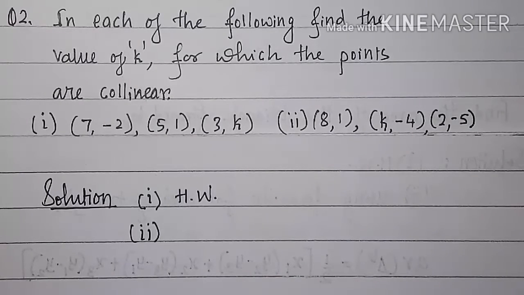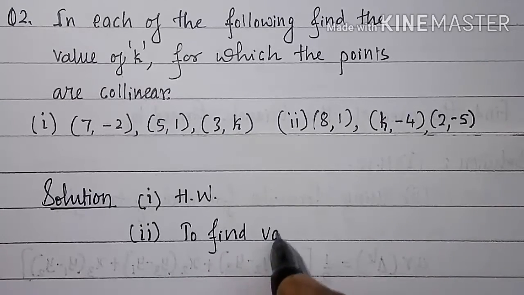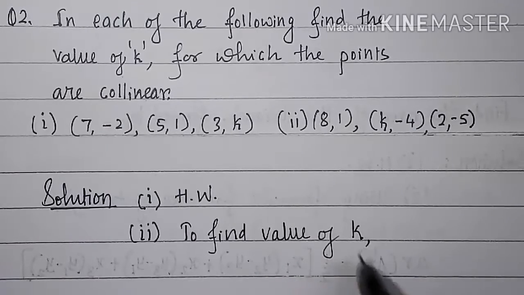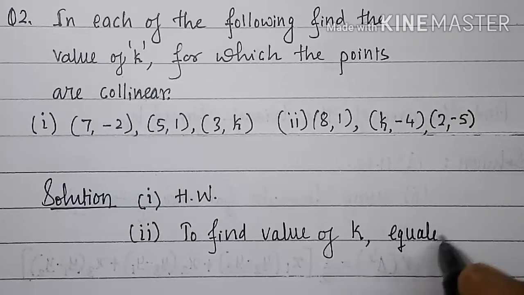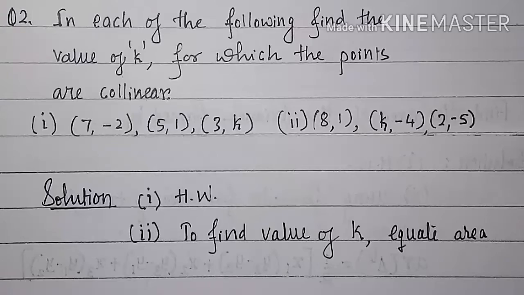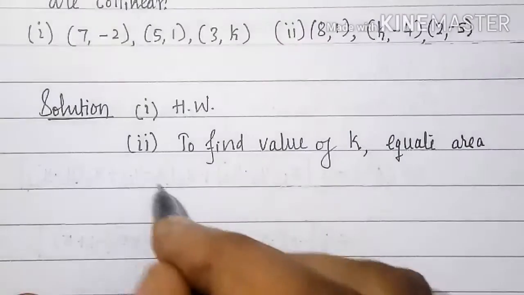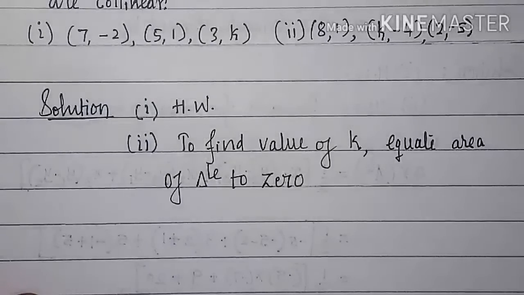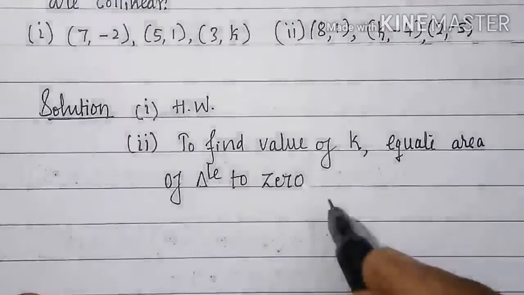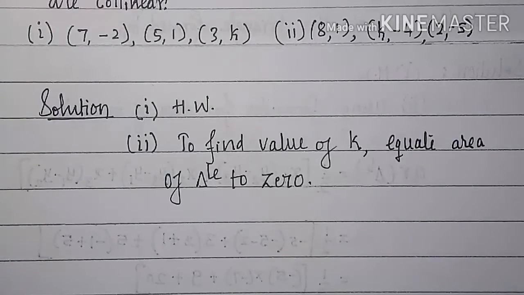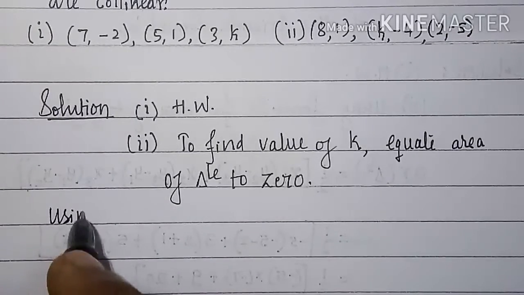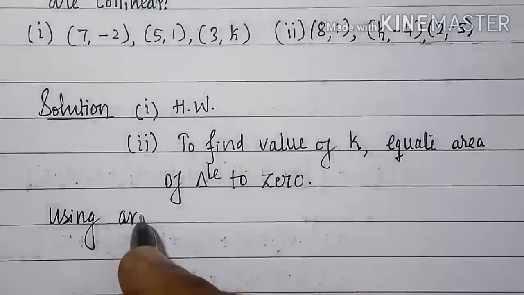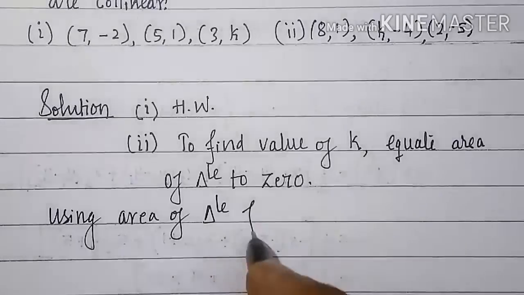Second one, to find value of k, equate area of triangle to 0, using area of triangle formula.